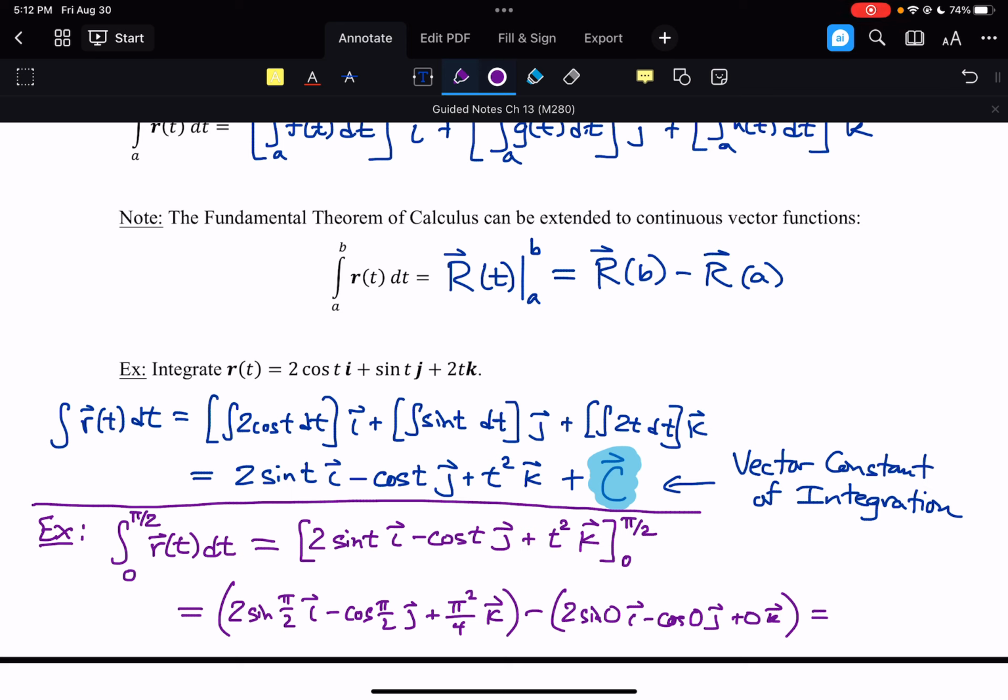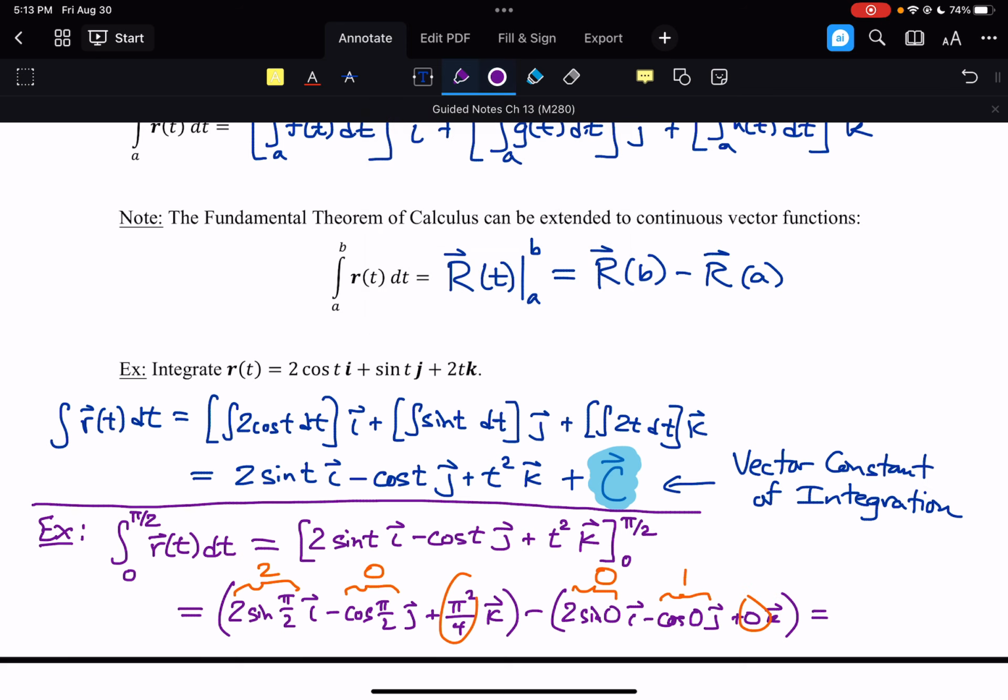And if we look at all the values we get out of these, sine of pi over 2 is 1, times 2 is 2. Cosine of pi over 2 is 0. Pi squared over 4 is what it is, so that's going to stay as is. Minus all these pieces: sine of 0 is 0, cosine of 0 is 1, and 0 is just 0.